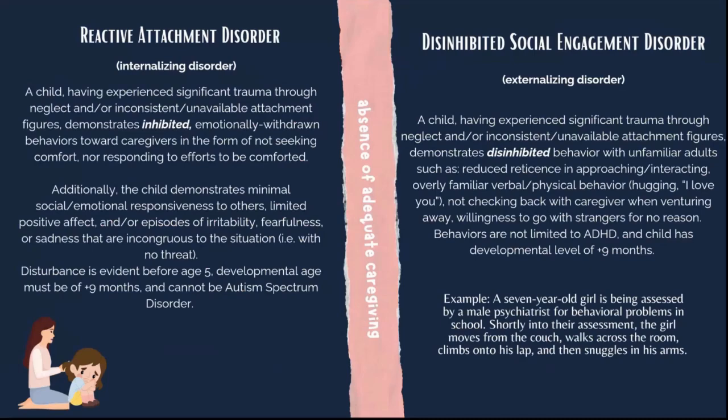We also see limited social responsiveness to others, limited positive affect, and difficulties managing irritability, fear, and sadness, even in the absence of an actual threat. When there are extreme issues of attachment, these disorders cross the wires for a child, and it has an effect throughout the rest of their lives.